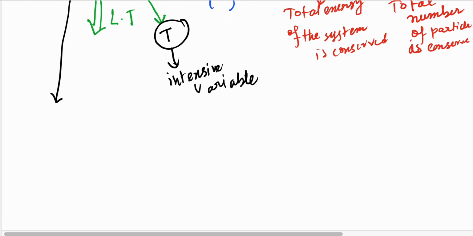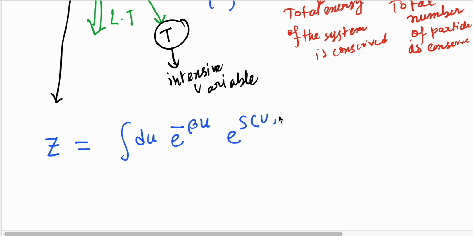If you do so, you will get the partition function, which is equal to the integral dU e to the power minus beta U times e to the power S(U, N).